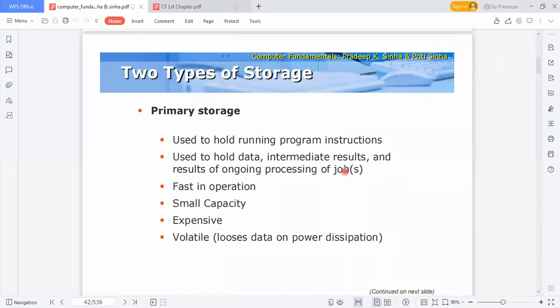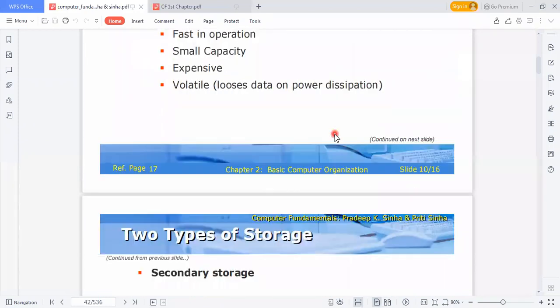Its operation is very fast, that means very speedy. It has small capacity, is expensive, and is volatile. These are the characteristics of primary storage.